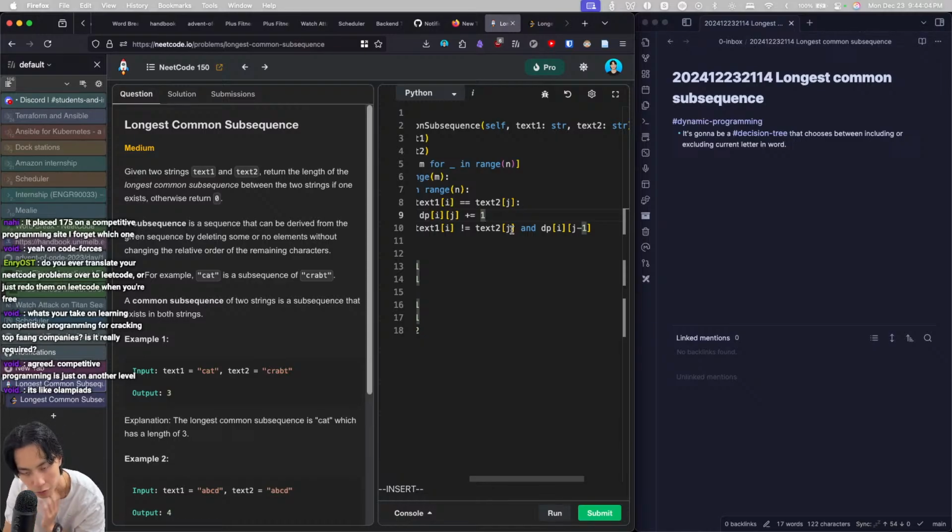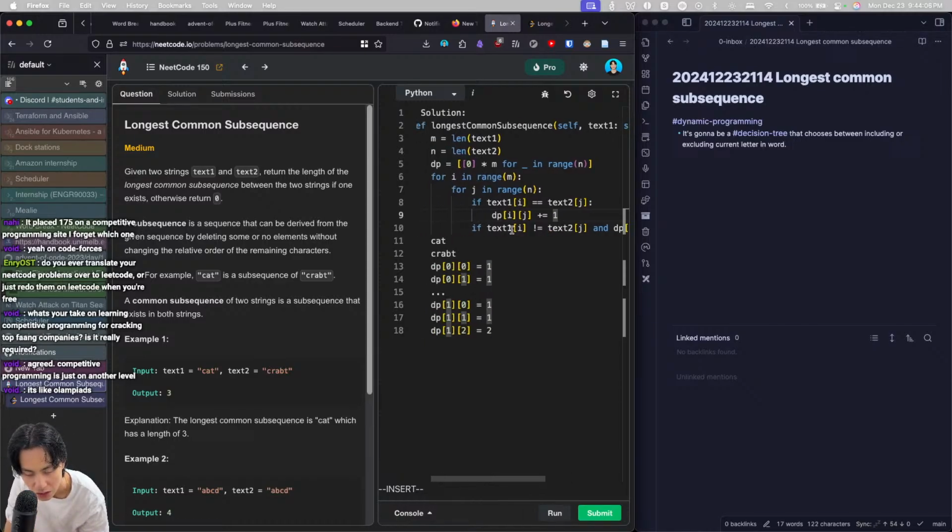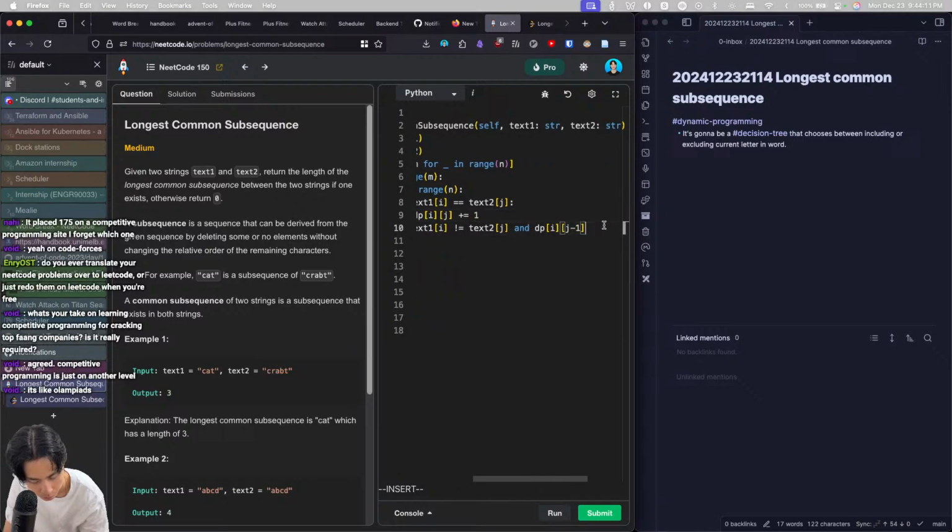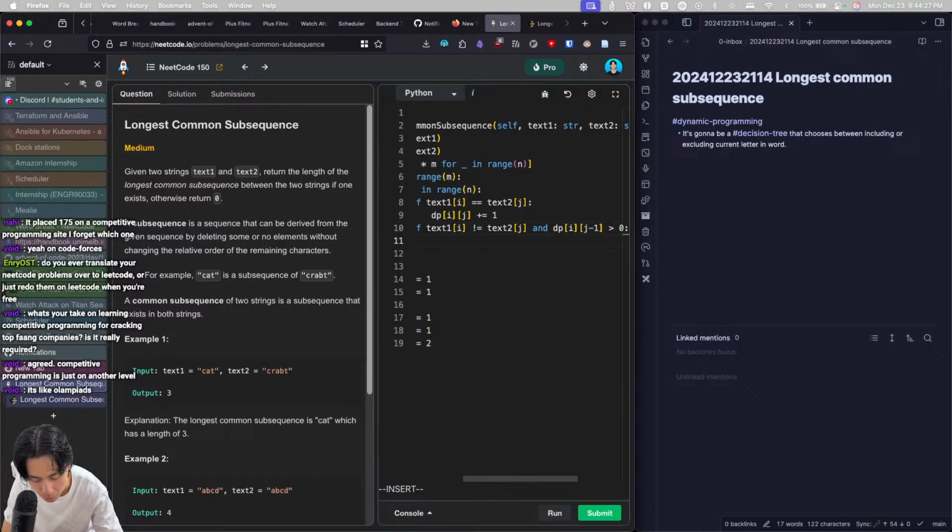How can you do that though? How can you really ensure that? Alright, let's keep that booked in my head, and then dpi j minus 1, if this is greater than 0, then it means dpi of j increments by 1.